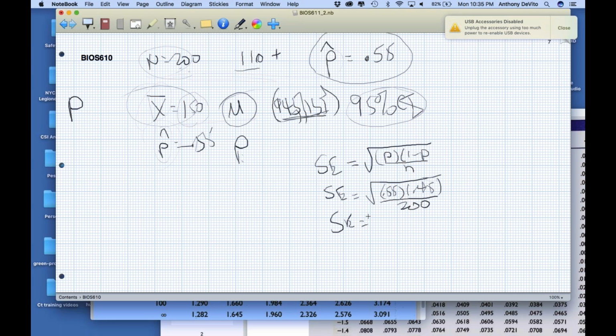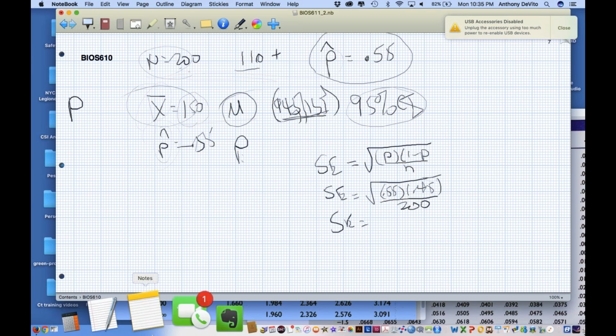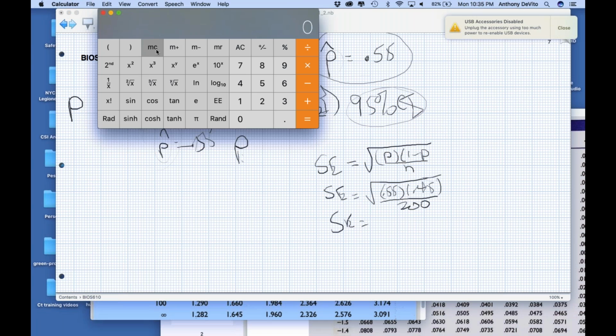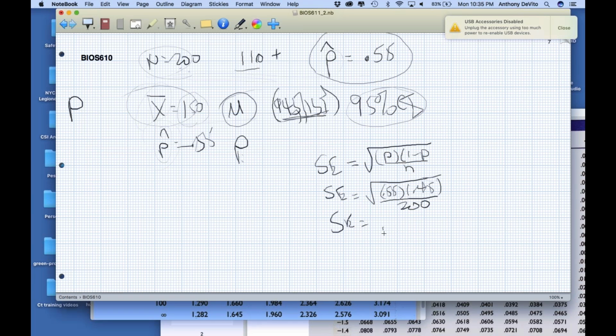The standard error, the variability for repeated samples from this population proportion, is 0.55 times 0.45, which is 1 minus p, divided by 200, and then I find the square root of that. It's 3.5%. So my standard error for this proportion is 0.035.